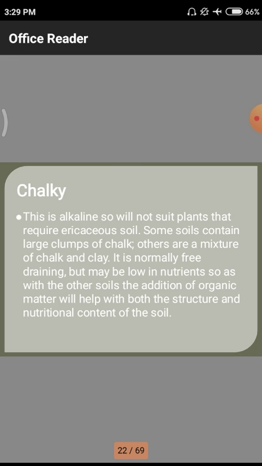Next we have organic matter, which affects both the structure and nutritional content of the soil. In those chalky soils we do not have organic matter, only acidic content.